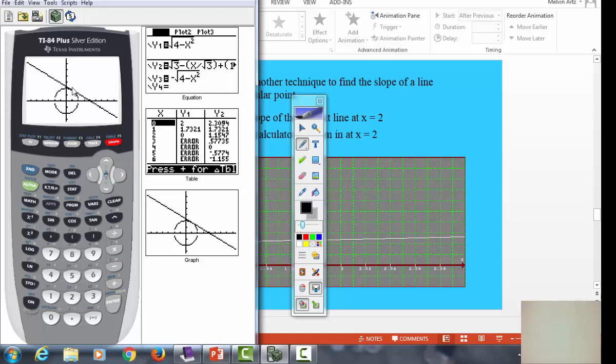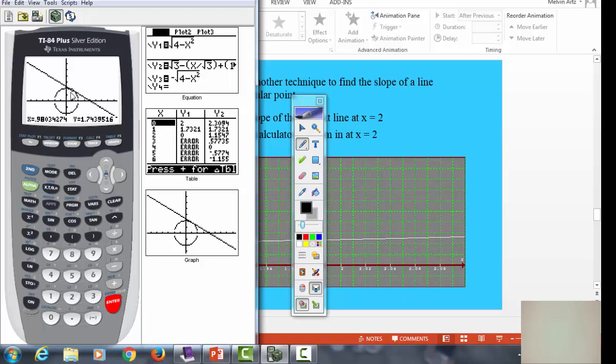Now, we're interested in finding the slope of this tangent line to the curve at x equals 1. So what I'm going to do is use the zoom feature in the graphing calculator. You can see here the zoom key. I want to zoom in at that point where we are tangent to the curve.